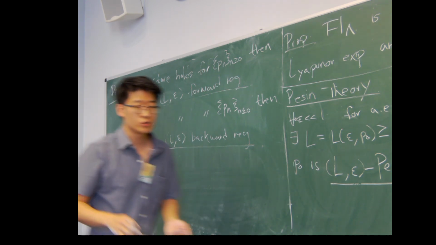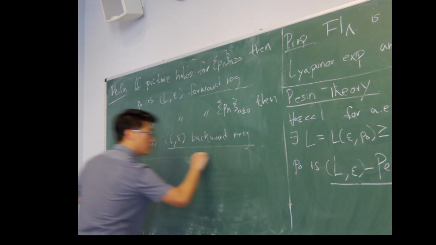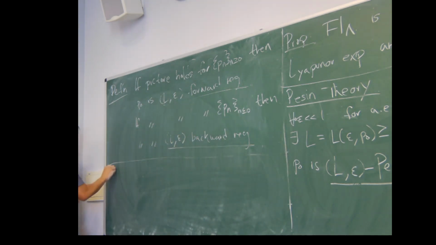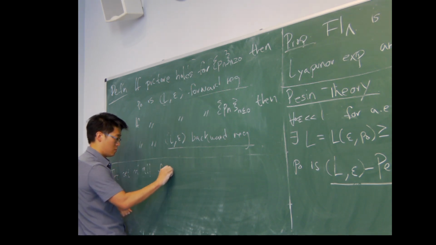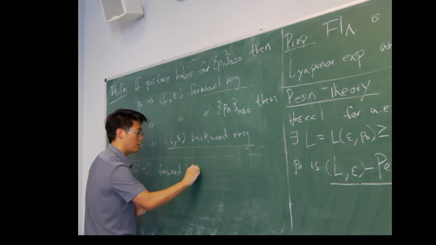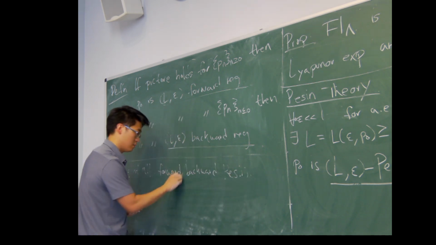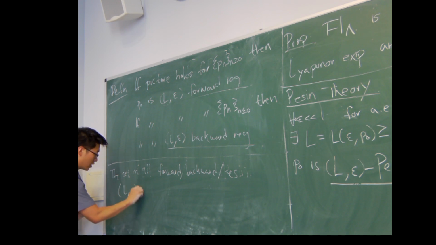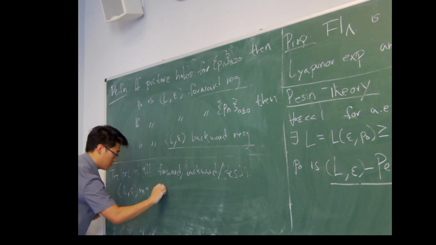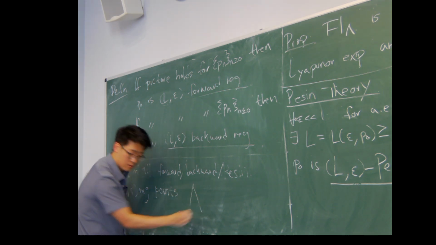Okay. And let me introduce a notation. So we will say the set of all forward, backward, and Poisson L epsilon regular points will be denoted capital lambda.